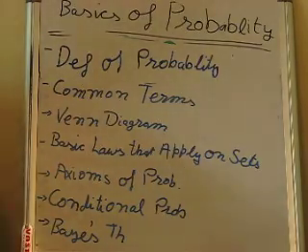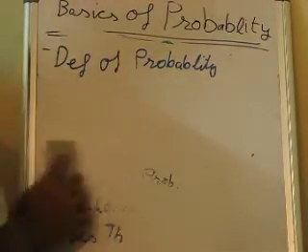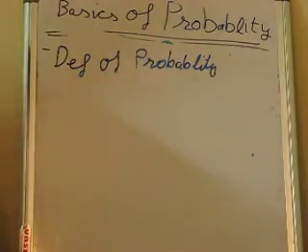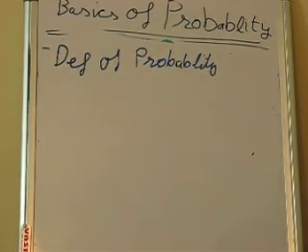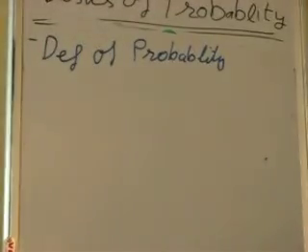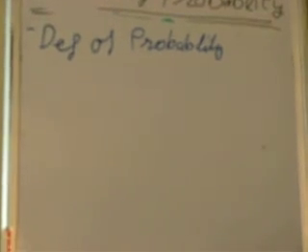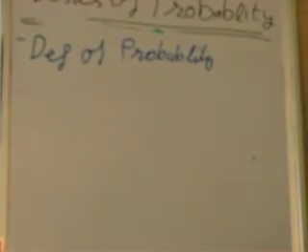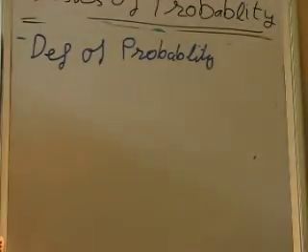Starting with the definition of probability, a basic question that comes when we talk of probability is what is probability and in what cases do we use probability. So probability is nothing but a study of the randomness of occurrence of a phenomenon. That is, the phenomenon that is going to occur is not deterministic. We cannot figure out with 100% confidence that at this point of time, this phenomenon is going to occur.